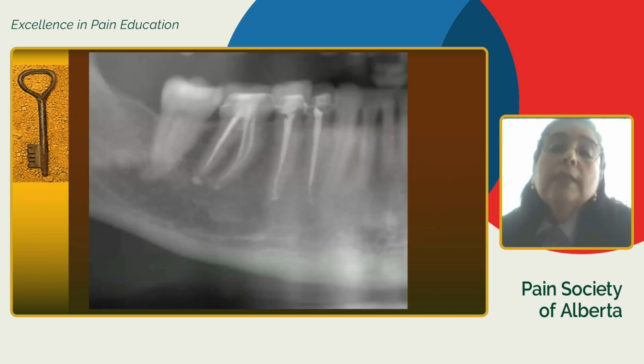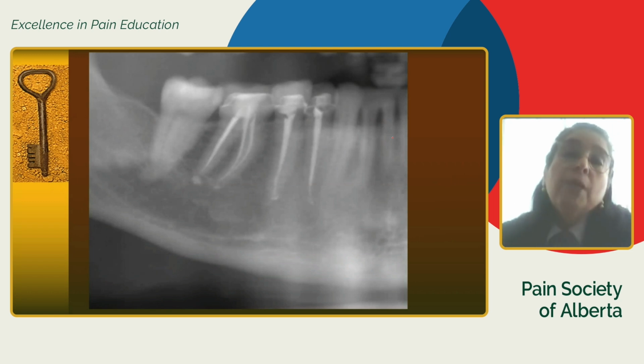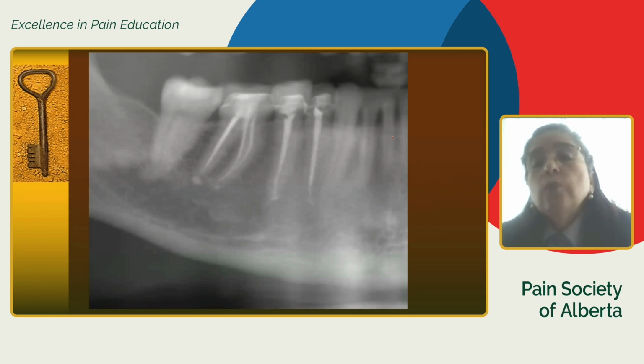So here is a case of a patient that had 3 root canals in a time lapse of probably 24 to 36 months. And then was referred to me because now the pain was in the eye tooth.